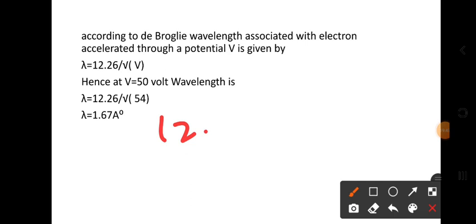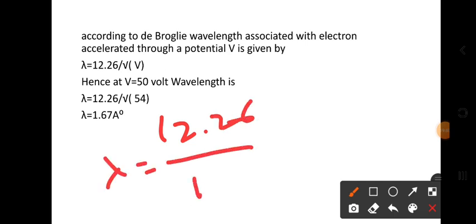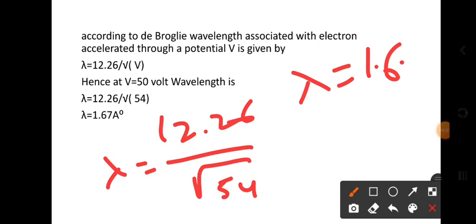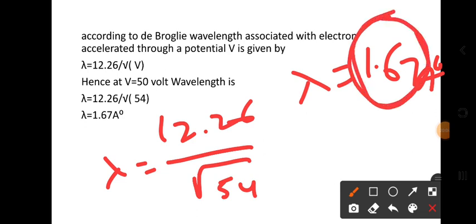Lambda equals 12.26 by the square root of 54. Then we get lambda as 1.67 angstroms. We got the wavelength value in terms of angstroms, which is exactly correct.